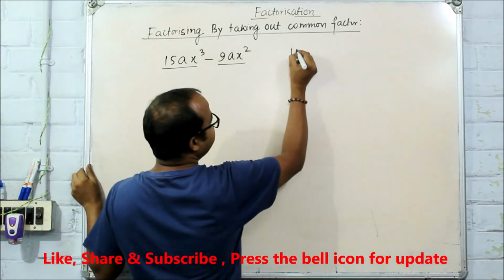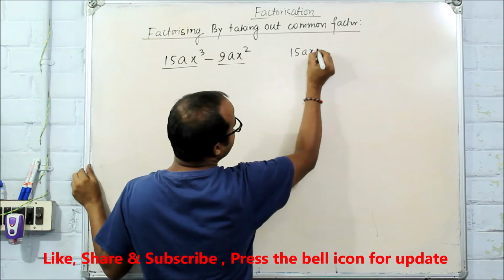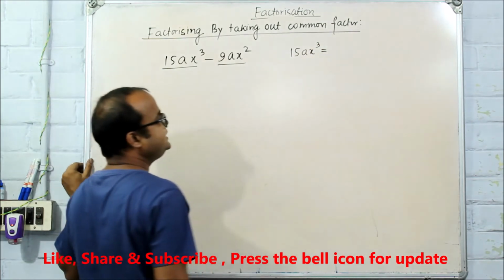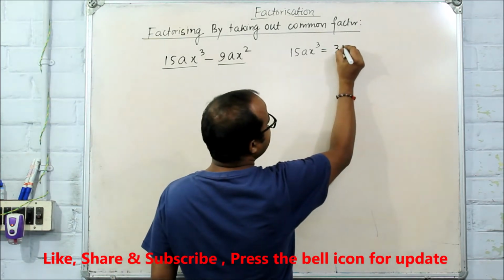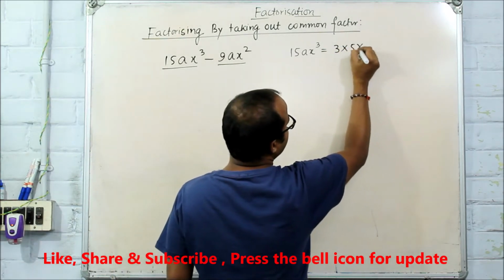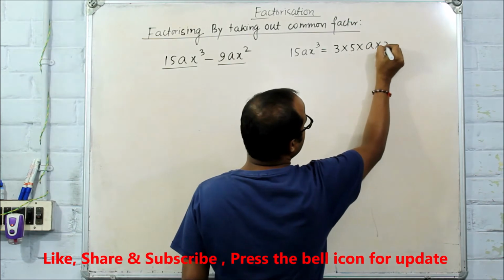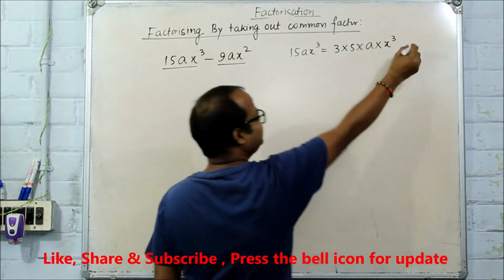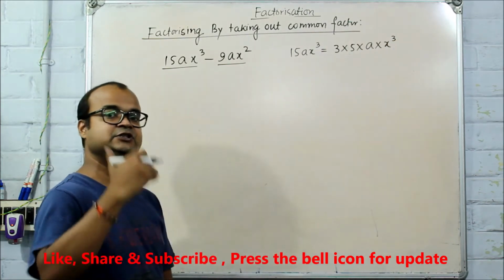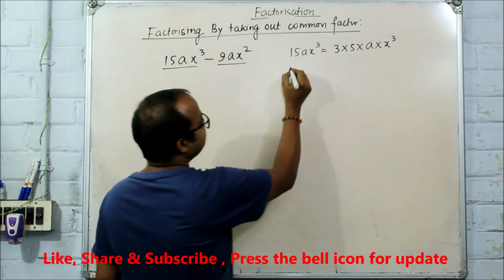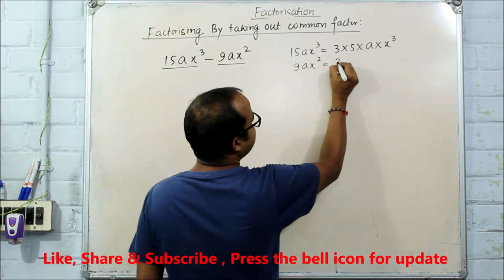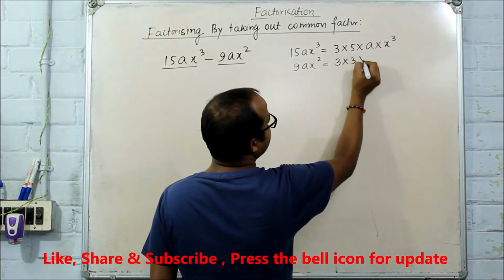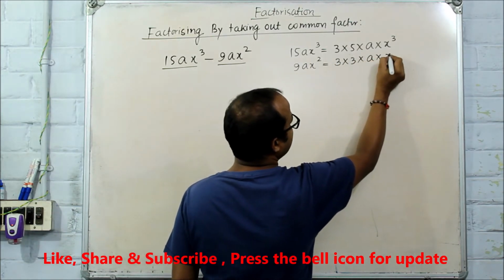So 15ax cube can be written as 3 into 5 into a into x cube, or you can split it further like x into x into x, and 9ax square, where 9 can be written as 3 into 3 into a into x square.